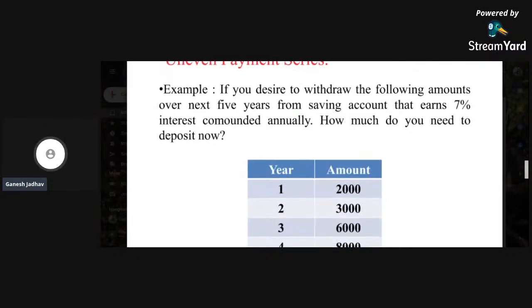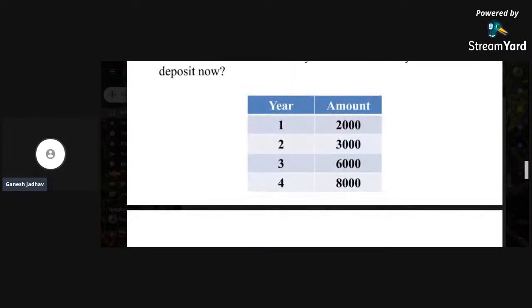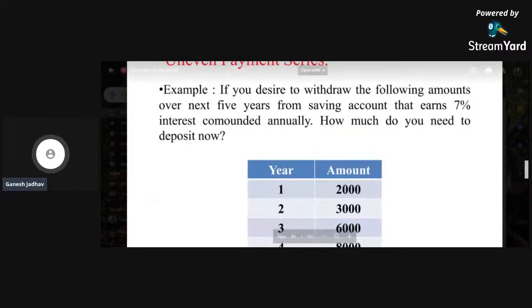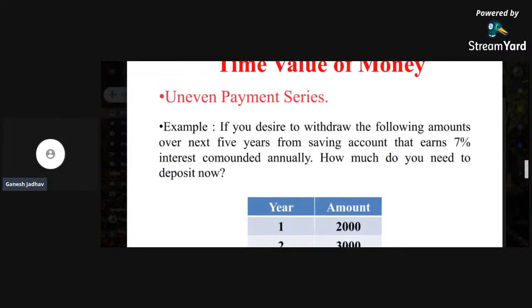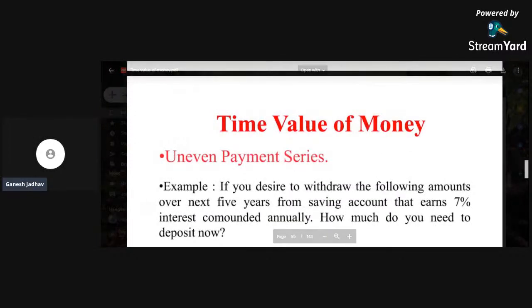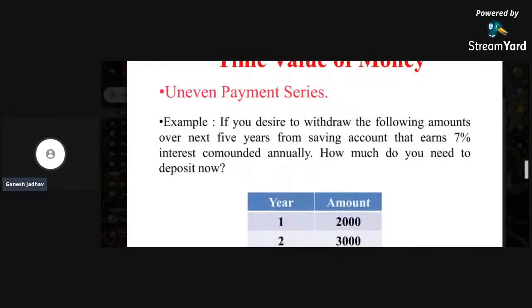Finally you have to calculate the actual amount, that is 2000 plus 1000 and so on: the interest on this 2000, then interest on this another 1000, interest on this another 3000, interest on this another 2000. So this is compounded annually. This is the uneven payment series.